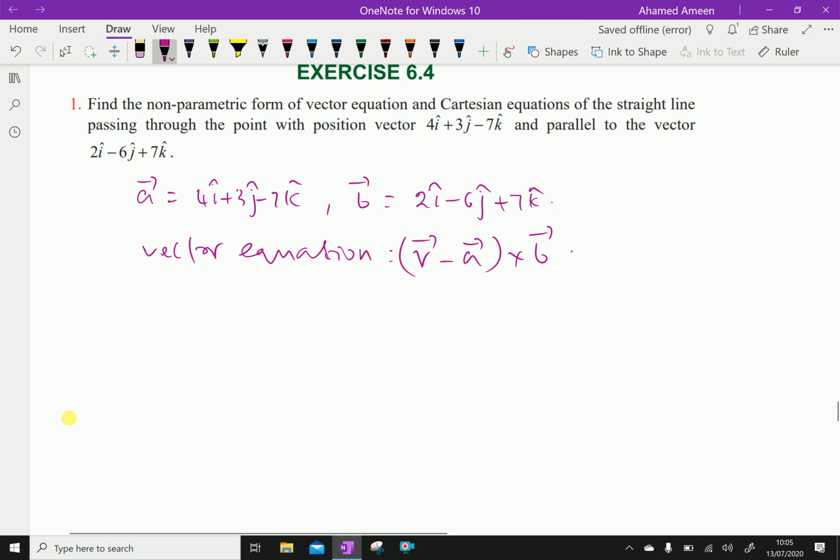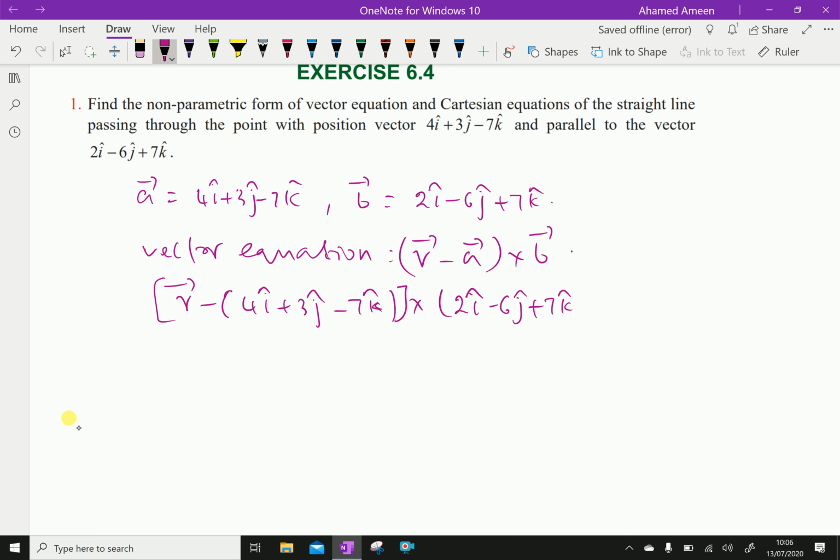So that is, we will have r vector minus the vector a, which is 4i plus 3j minus 7k, cross multiplied with 2i minus 6j plus 7k.